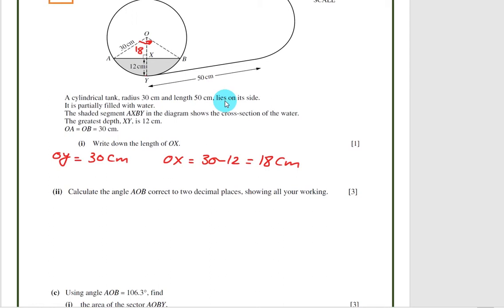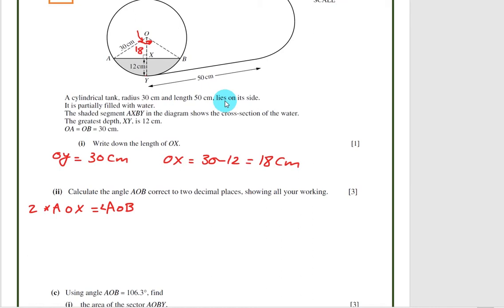The angle AOX multiplied by 2 will give us the angle AOB. So angle AOB will equal 2 multiplied by angle AOX.